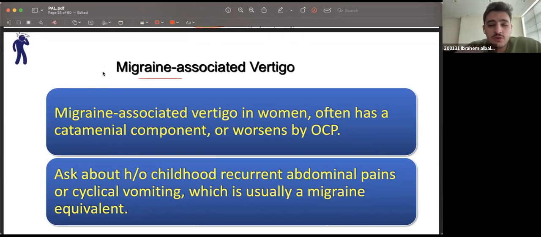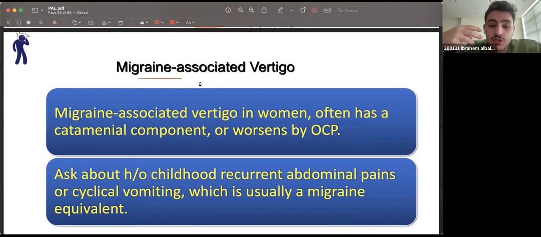So tension headache is your day-to-day headache. It's usually due to stress, and it's in a band-like formation around your head. Migraines are usually in half of the head, and they're associated with photophobia or phonophobia. And then cluster headaches are usually retroorbital with autonomic symptoms.